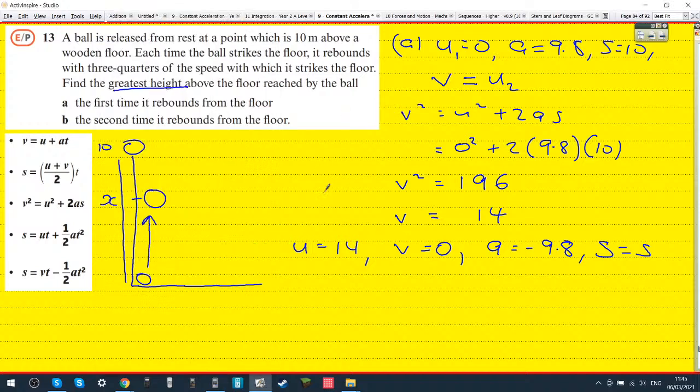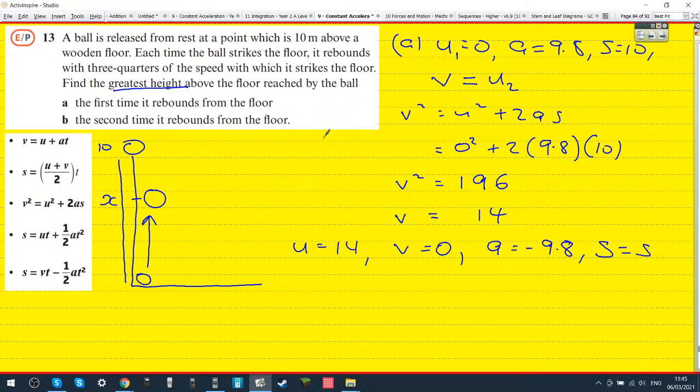Wait, hold on. We didn't account for something. I got 10, but it can't bounce back up to 10. That's because it told us each time the ball strikes the floor, it rebounds with 3/4 of its speed.